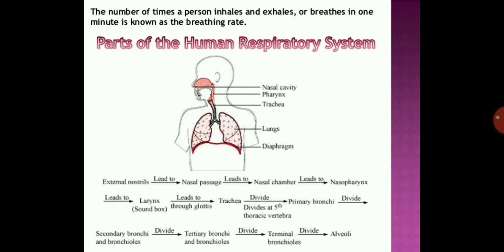Next you can see here the parts of the human respiratory system. How do we breathe? The external nostrils lead to the nasal passage. The nasal passage leads to the nasal chamber. The nasal chamber leads to the nasopharynx.